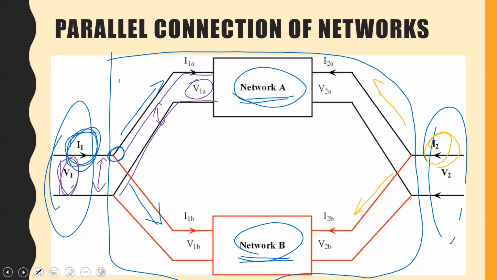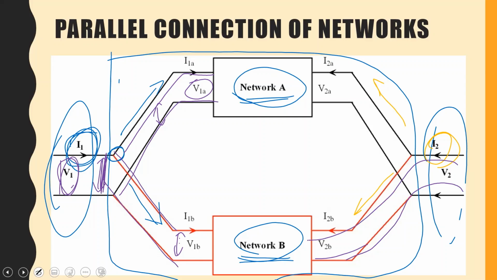And if we look at V1B, again, here's the voltage. There are the terminals. We'd have the same terminal voltage here. So V1 is also equal to V1B. And we can see the same thing for V2 and V2B and V2A.